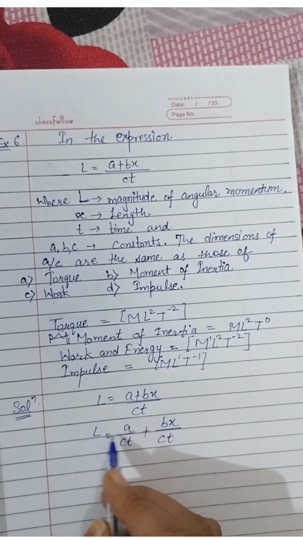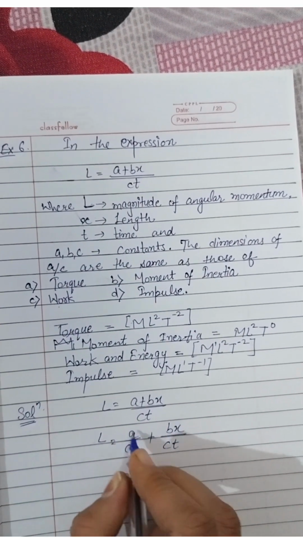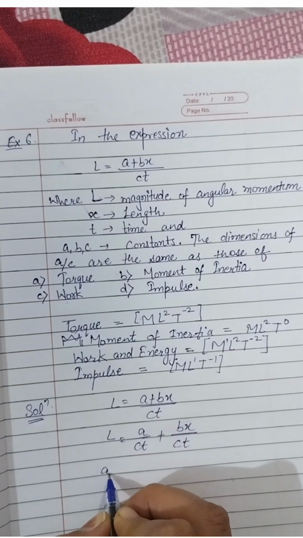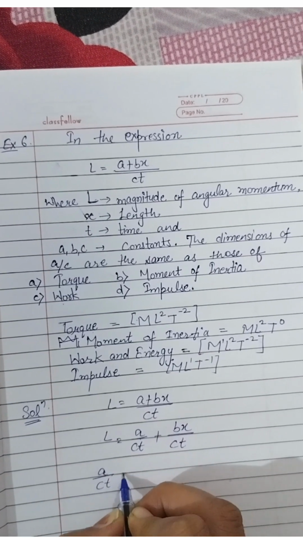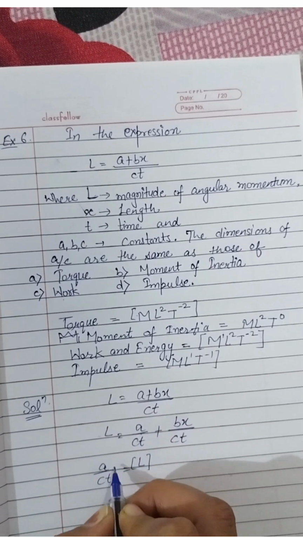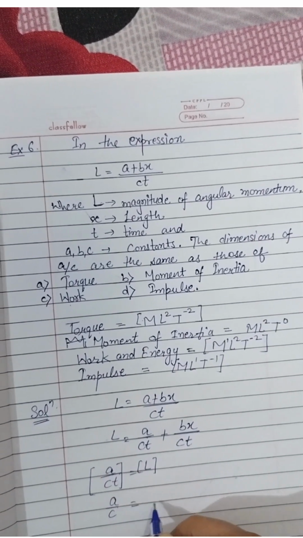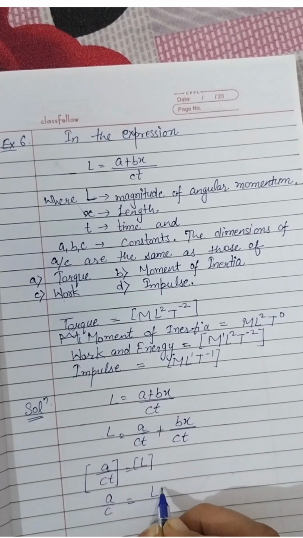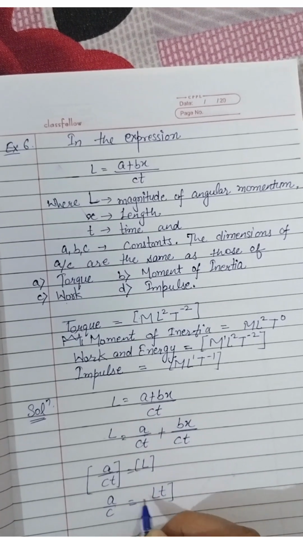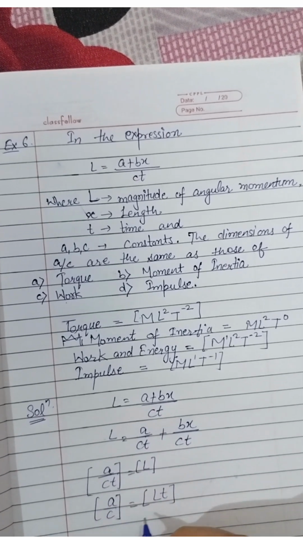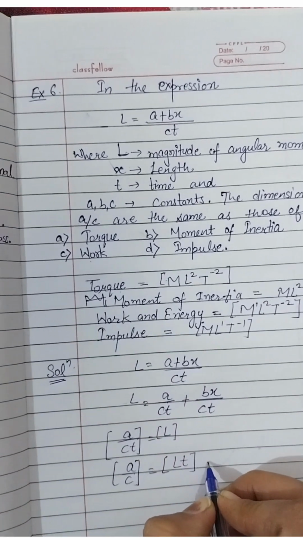According to the principle of homogeneity, A by ct is equal to the dimension of L. So A by c is equal to L into T.